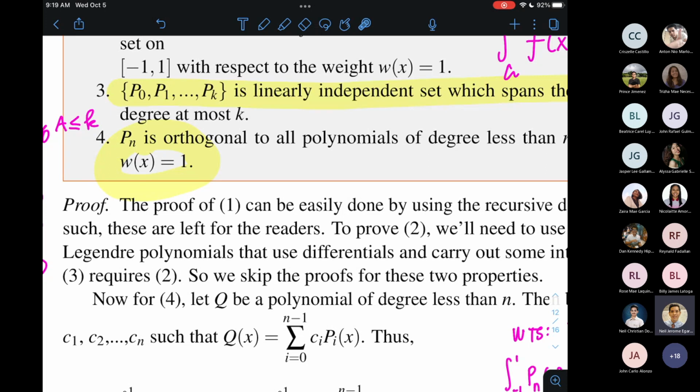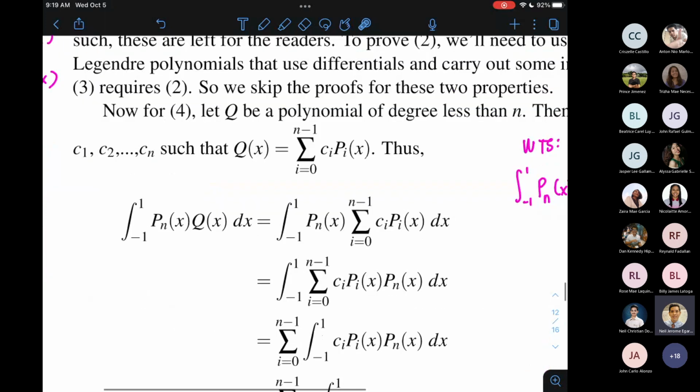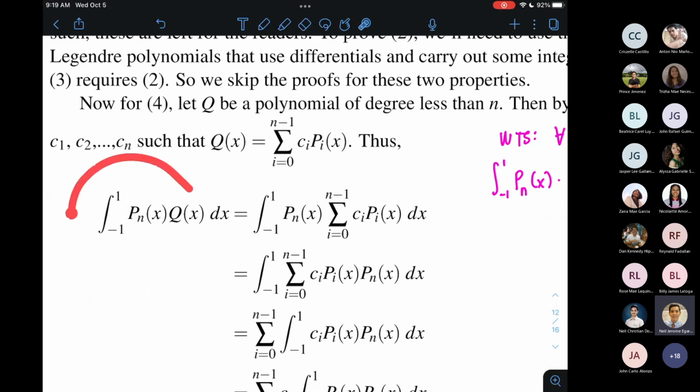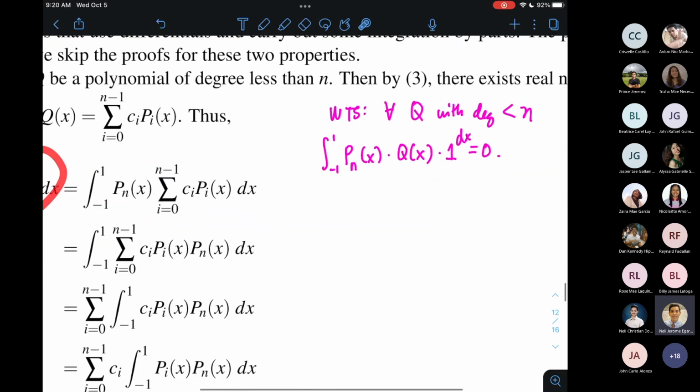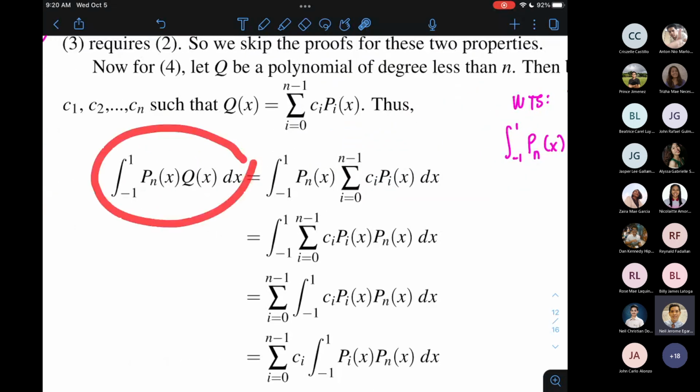So Q, I can represent or write using the Legendre polynomials. So for the integral that we want to check if it is equal to 0, remember our target, show that this is equal to 0. So let's calculate this. Straightforward calculation. But I know that Q can be written in terms of the Legendre polynomials.